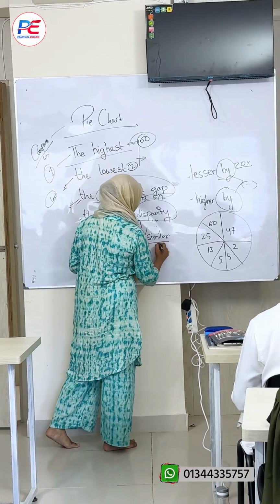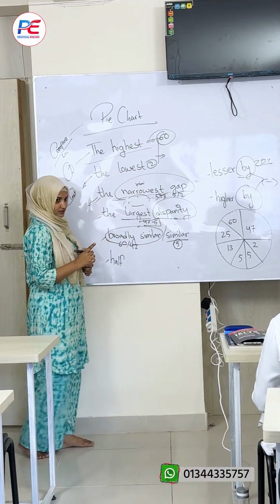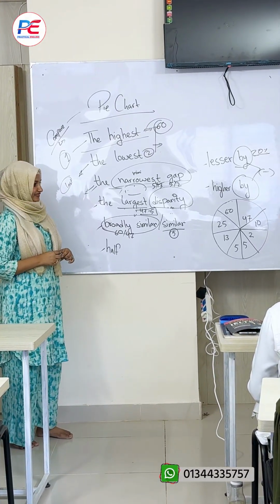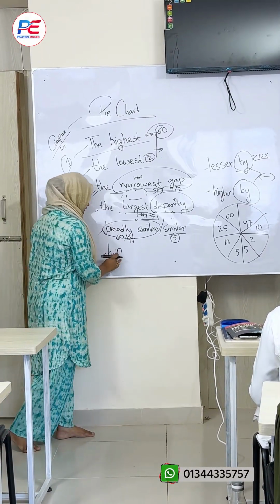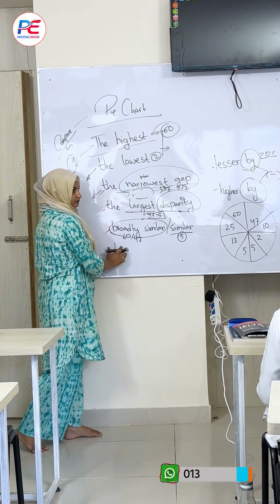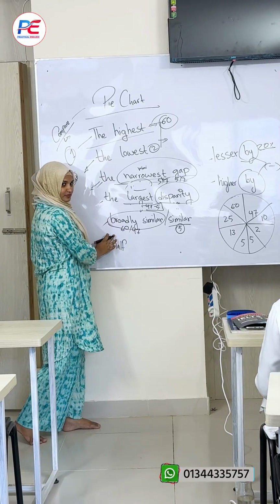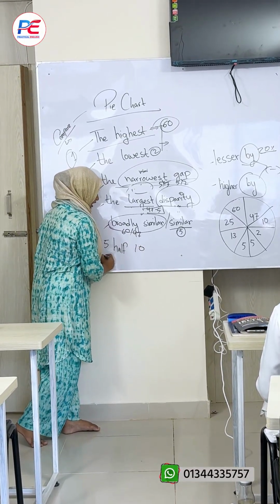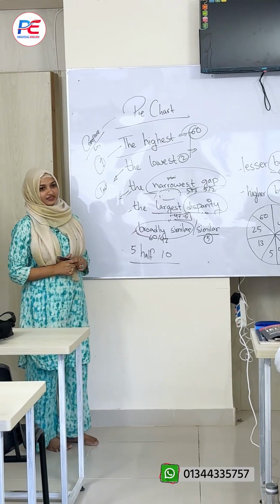So it should be only 5. Do we have half or double? 5, 10, right? Since it's half, which one will come first? Small one or big one? Small one. 5 is half of 10, right?